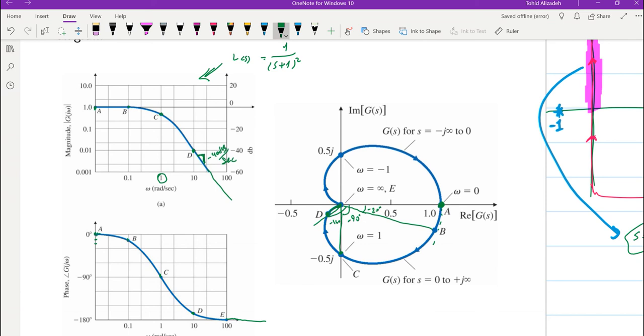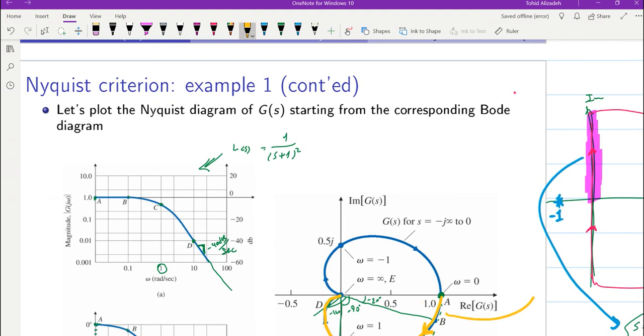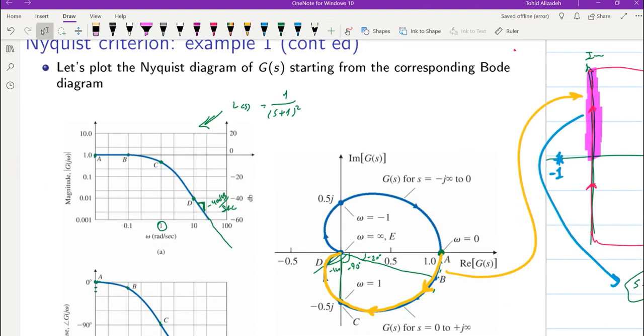So basically, this will be the part of the Nyquist plot where we referred to the Bode plot of the system for the first segment that we had here, for omega starting from 0, going towards infinity.